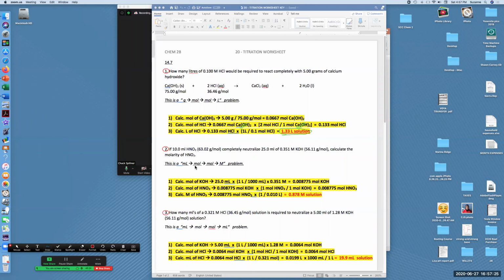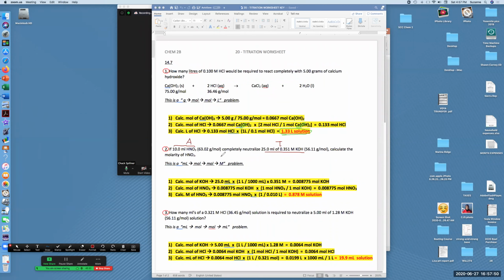So this is a mil to mole to mole to molarity problem. This is like the example problem in the slideshow. So in this case, the nitric acid is the analyte, because we don't know the concentration. And the KOH solution is the titrant. So I'll just put a big T there for the titrant.